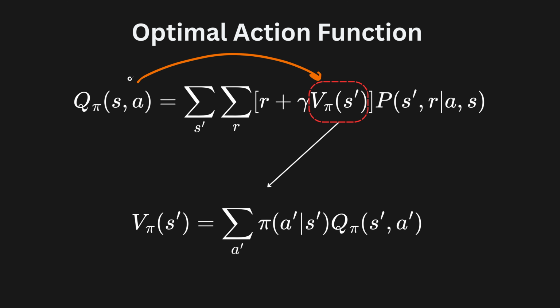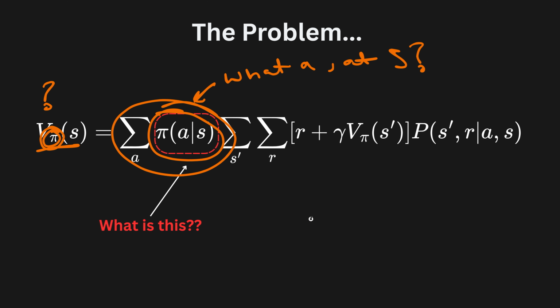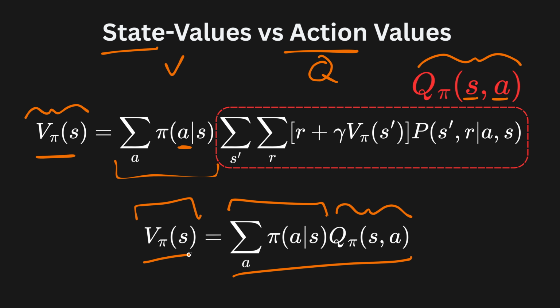It's just a little bit hidden from us because the Q values depend on the future values. But we know that the values can be written as the sum of the policy times the Q value, right? Just like we had earlier. So if we go back, if we remember, the value is the sum of our policy times the Q value. So we have that.